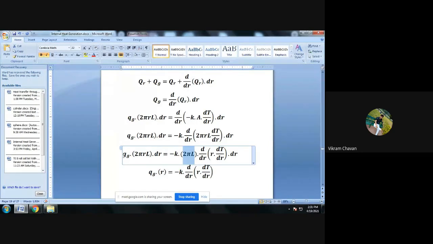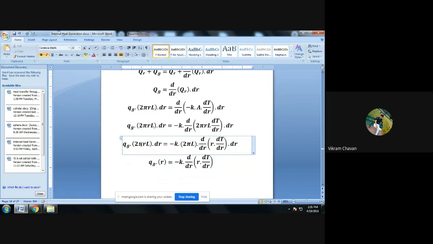So our equation becomes q suffix G multiplied by 2 pi RL multiplied by dr is equal to minus K multiplied by 2 pi L multiplied by the differentiation with respect to R of the bracket, R multiplied by dt divided by dr, multiplied by dr. Now 2 pi L from the left hand side and right hand side will cancel, and dr from the left hand side and right hand side will cancel.